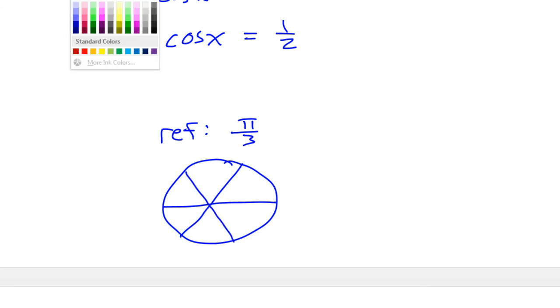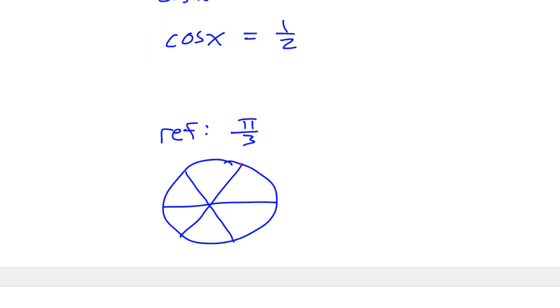There are 4 angles that have a reference angle of pi over 3. Here, here, here, and here. Two of them will be positive, and two of them will be negative. Cosine is the x value, so these two will be positive, and these two will be negative. In this case, we want a positive cosine, so these two angles will be the answer.